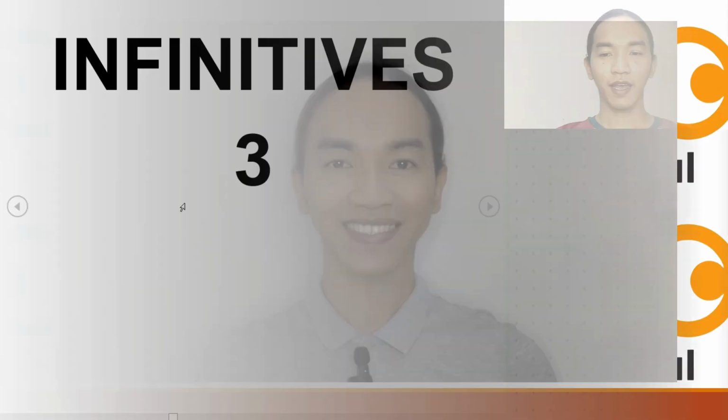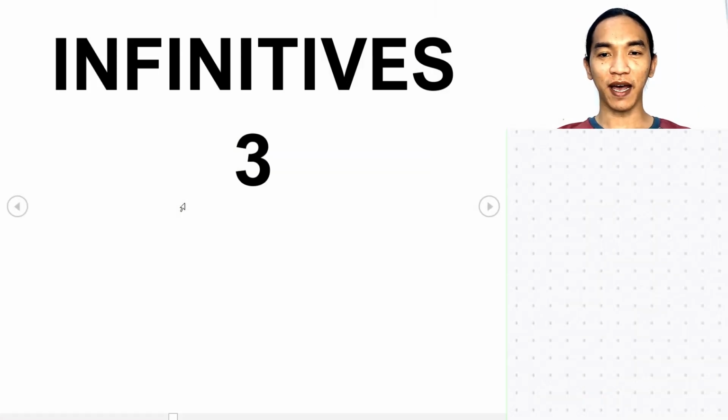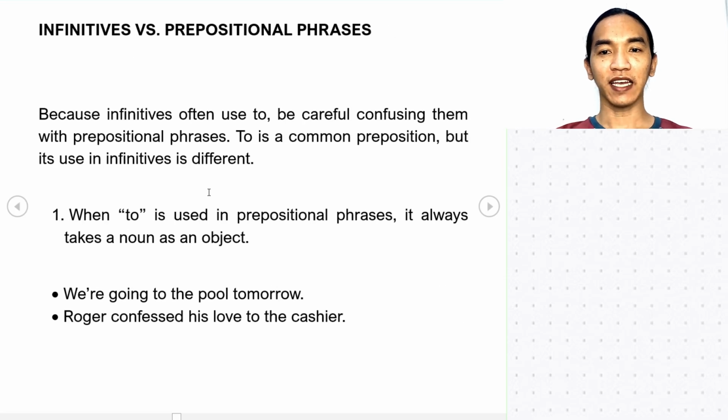Let's go ahead and talk about our lesson here for the third part, the infinitives. Let's discuss the infinitives versus the prepositional phrases. Because infinitives often use to, you have to be careful confusing them with prepositional phrases.